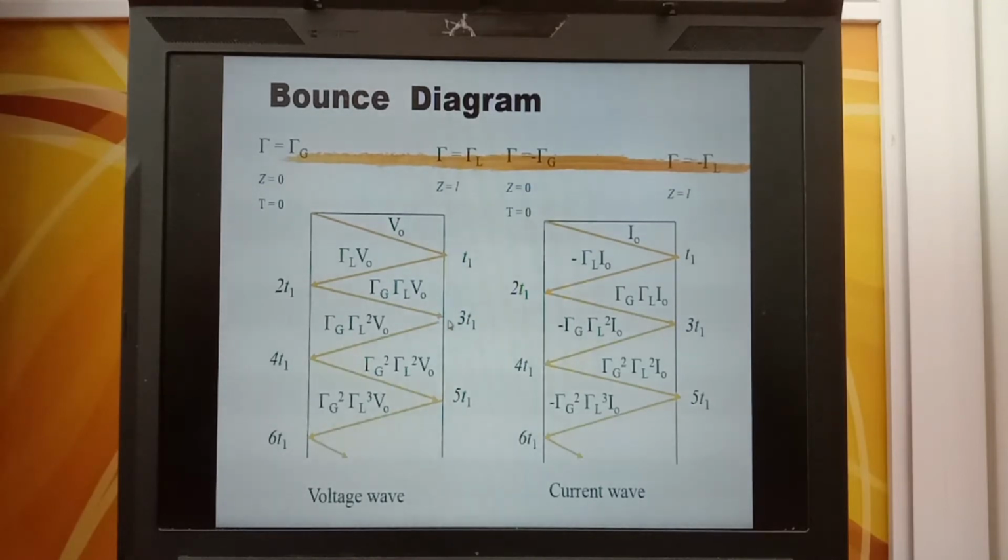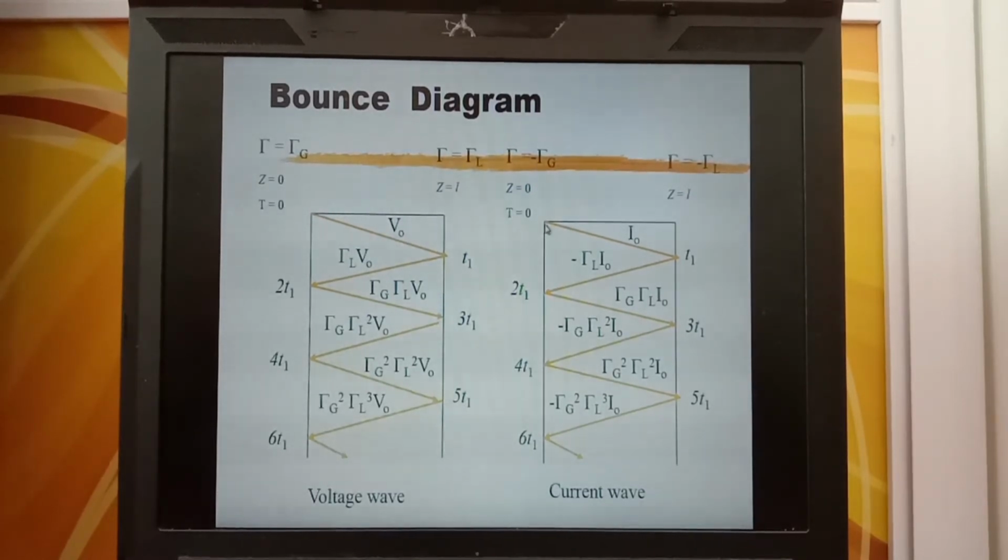After that, a fraction of the wave is reflected again, given by rho G rho L V0 multiplied with rho L, that is the reflection coefficient of the load. And we can do the same at the generator at time 4t1. The wave is reflected, so we multiply this voltage with rho G and so on.